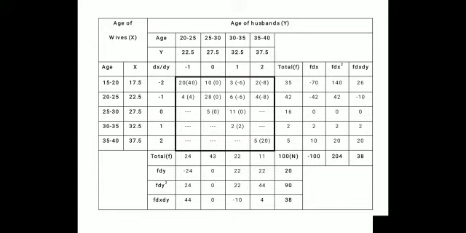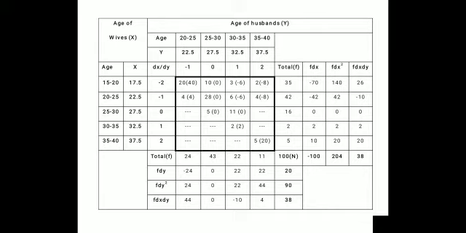Let us consider another cell value, that is 10, and calculate in the same way. The frequency here is 10, that is f is equal to 10, f into dx value of the same row, that is minus 2. So 10 into minus 2 is minus 20. And the dy value of the same column is 0.